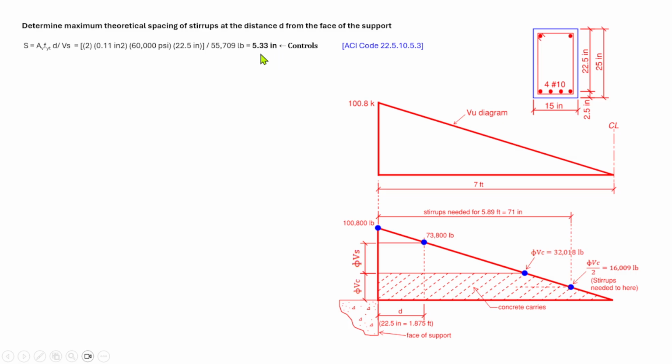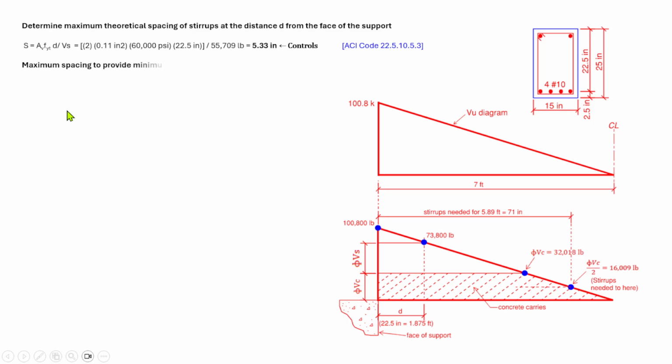So this is the spacing of the stirrups from the face of the support. This is the controlling one based on the ACI code 22.5.10.5.3, which is this formula.